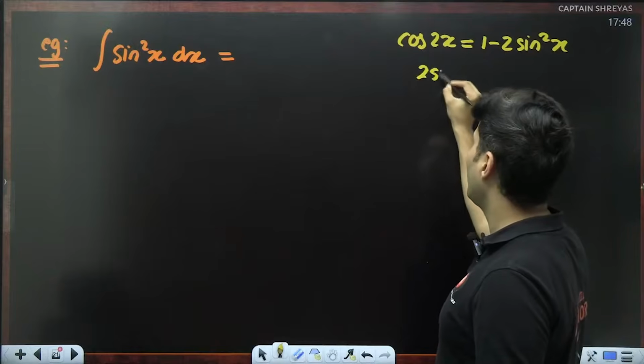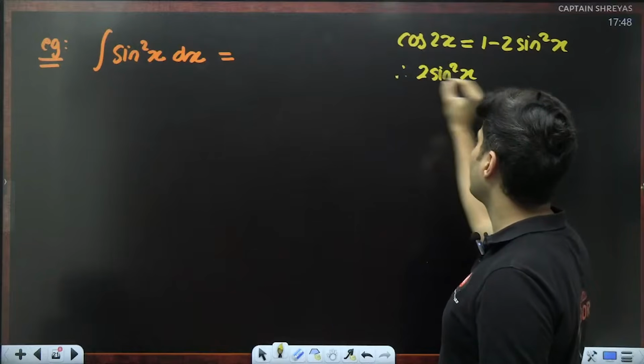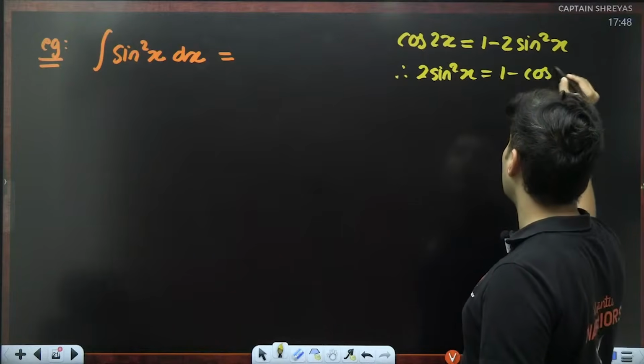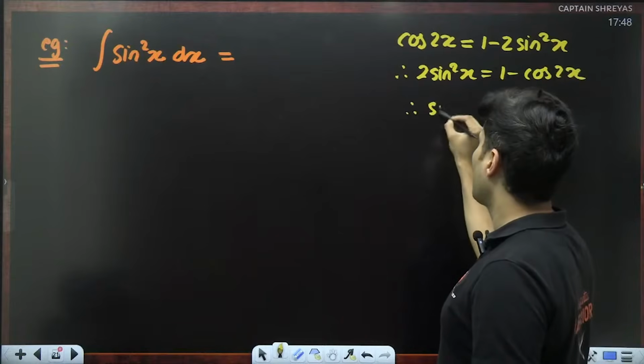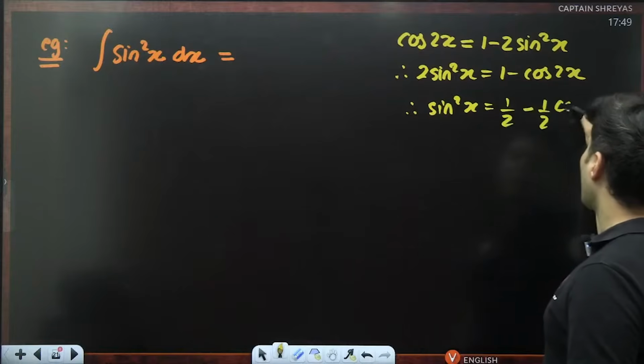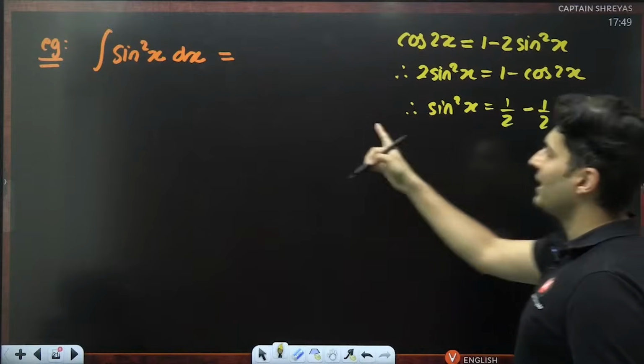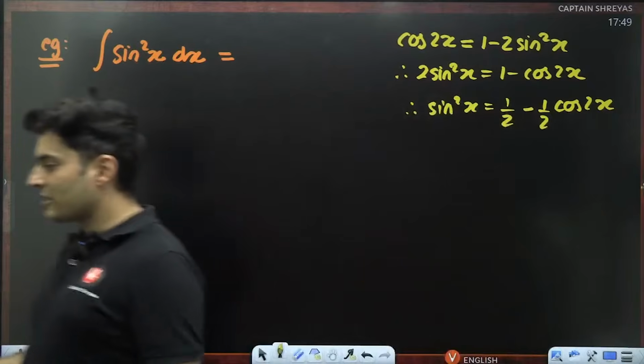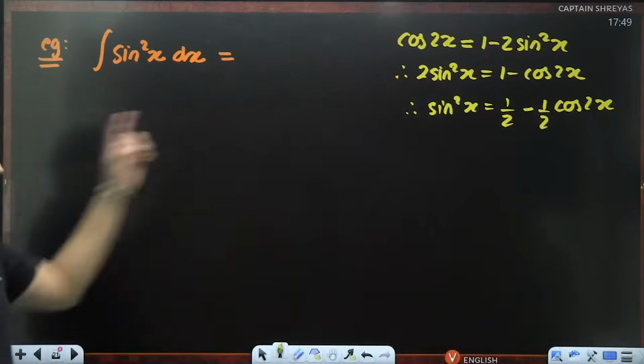Take that 2 sine square x over here. It will become 1 minus cos 2x. Therefore, what will sine square x become? It will become half minus half cos 2x. So sine square x can be written in a much simpler form like this. Let's substitute it.